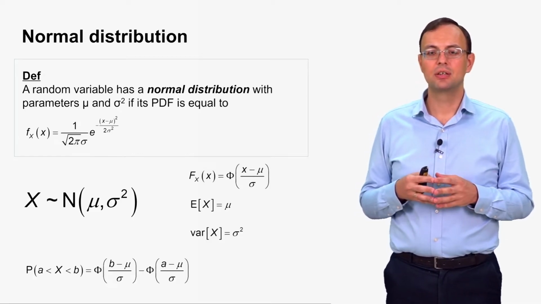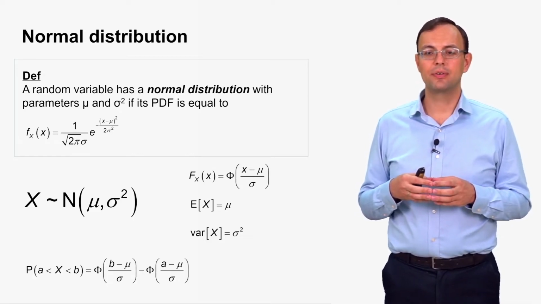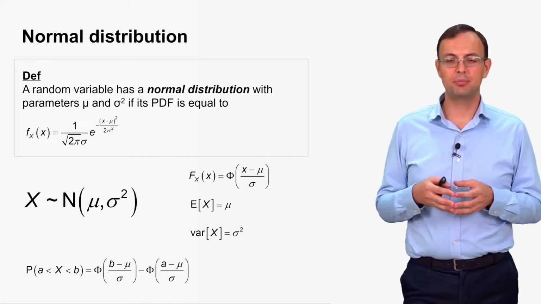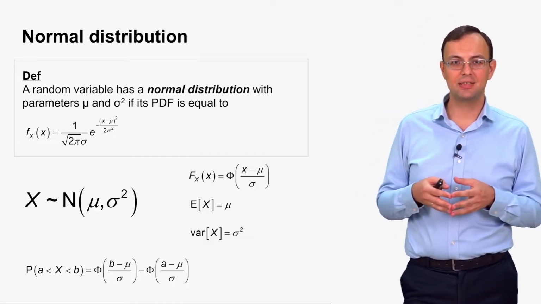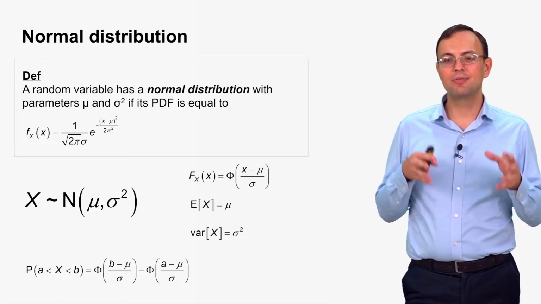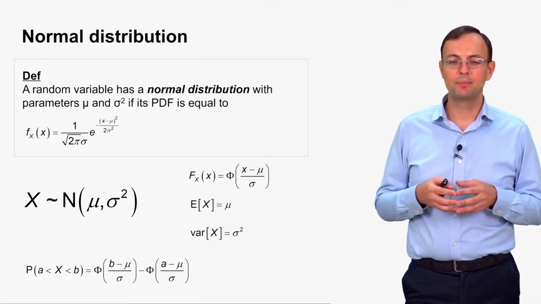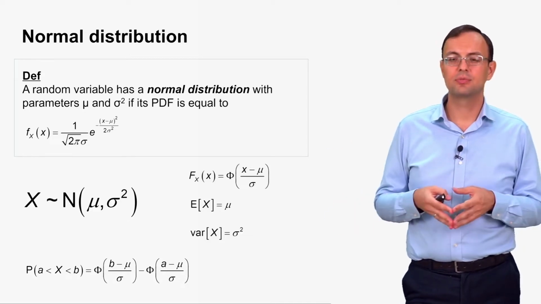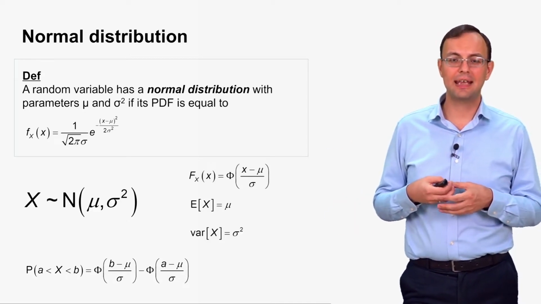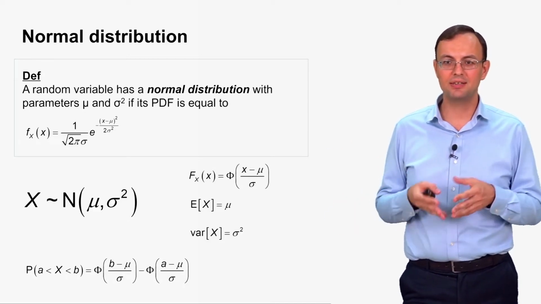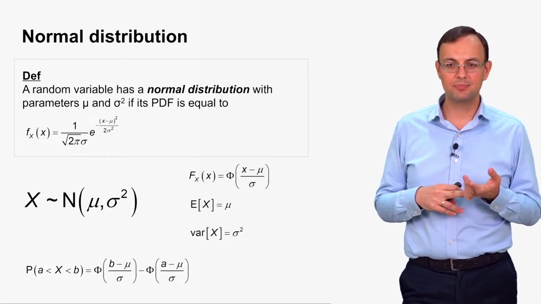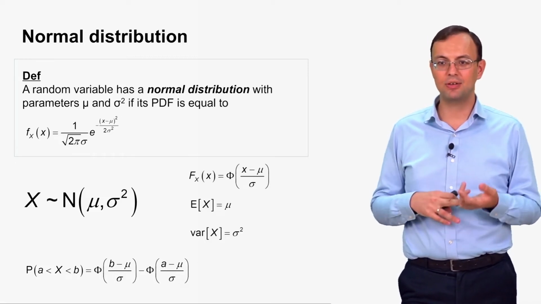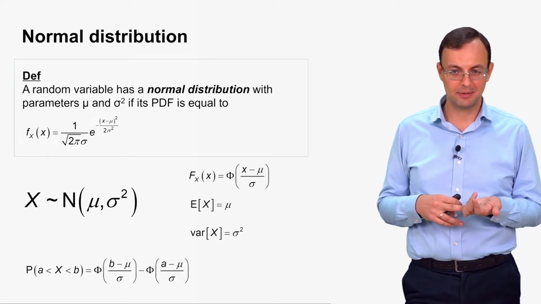And so for a normally distributed random variable, the probability to take a value from a given range can also be found using this phi. The probability that X will take a value from a to b is phi of (b minus mu) divided by sigma, minus phi of (a minus mu) divided by sigma.